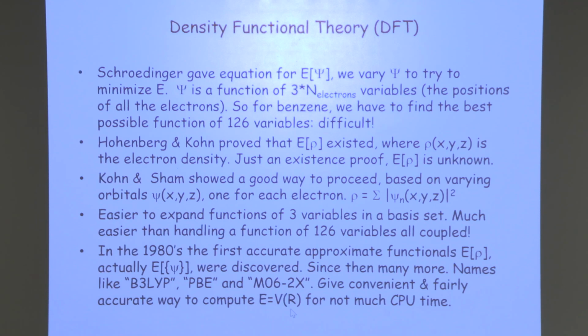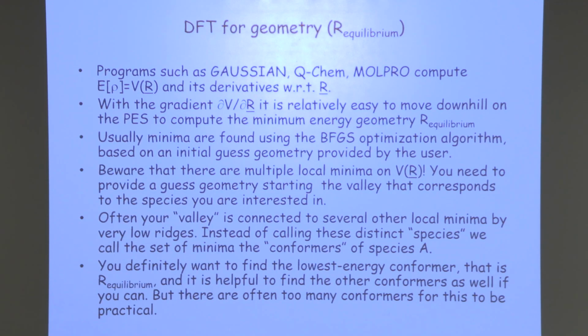And it gives you a way to compute things for not much time. And so all those programs I mentioned, Gaussian, QChem, MolPro, et cetera, they all have ways to compute the energy using density functional theory instead of using the wave function. You have a choice. When you use these programs, you can decide, do I want the density functional theory thing or do I want the Schrodinger equation thing?